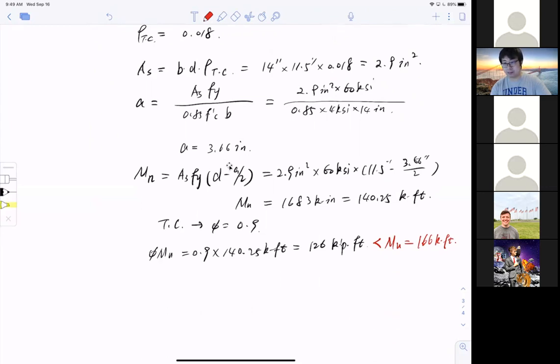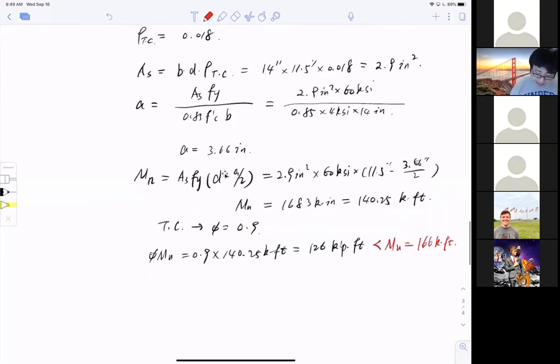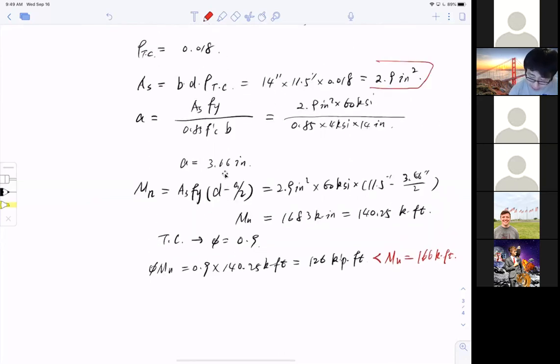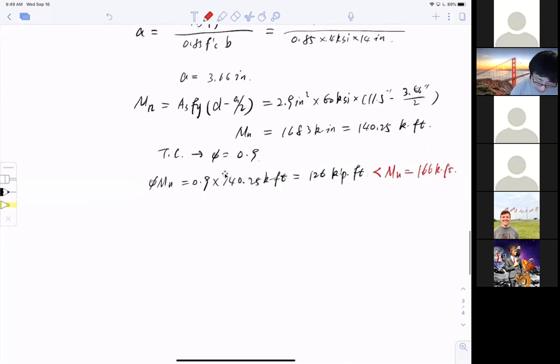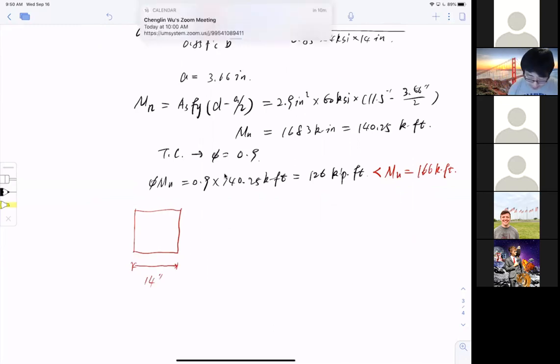So I know that this is inadequate. Now, I have choices. Keep in mind, right now it's 2.9 inch squared. I look at the section. It's a pretty stocky section. I have only a 14 inch width, a very narrow beam.